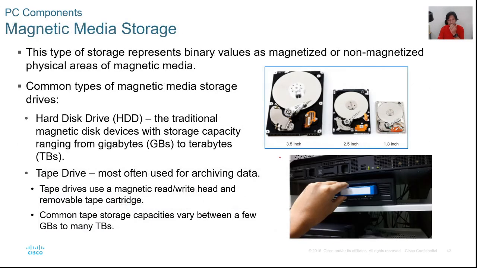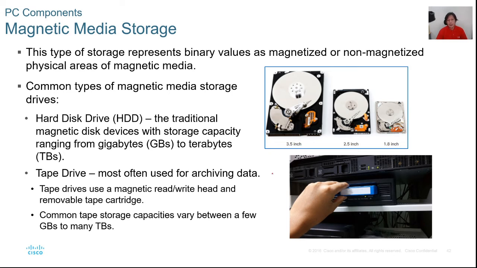Okay, so magnetic media drives store binary values as magnetized or non-magnetized physical areas of magnetic media. Common types of magnetic media storage devices are hard disk drives, the traditional magnetic disk, with a storage capacity nowadays of gigabytes or terabytes.